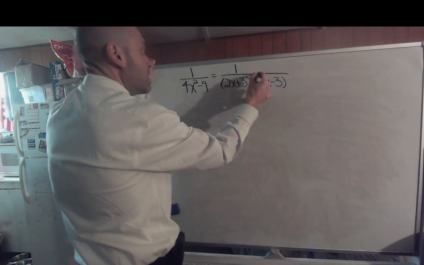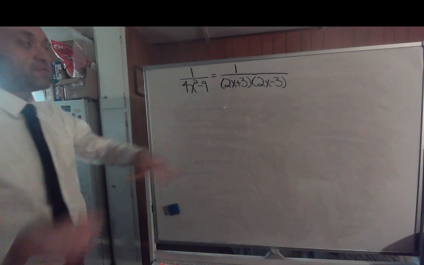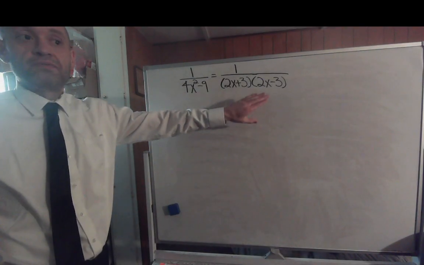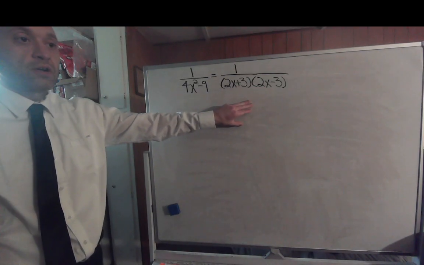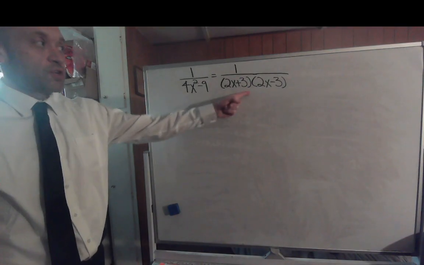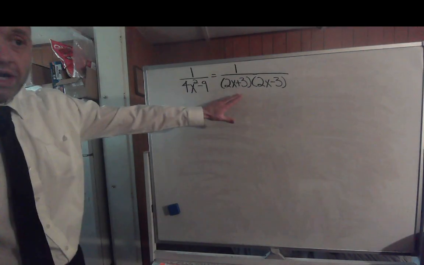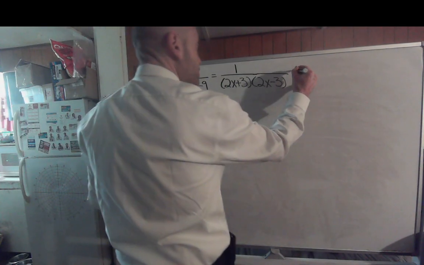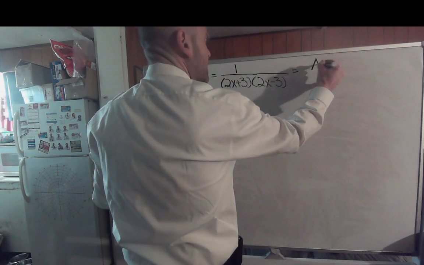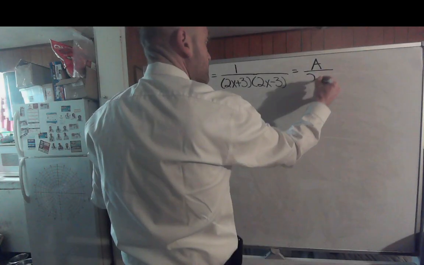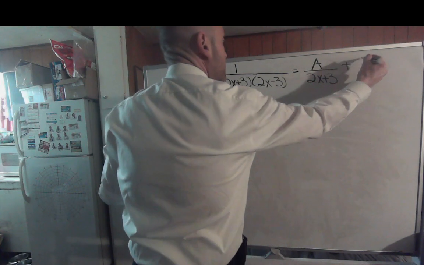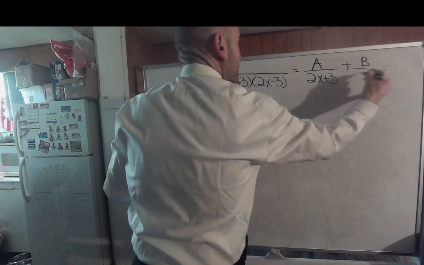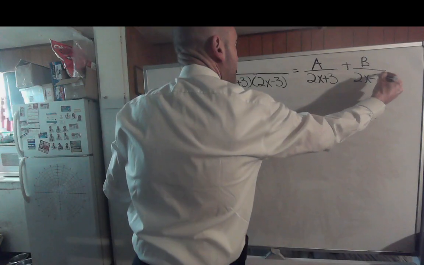As you see, this factored into the product of two non-repeating linear factors in the denominator. Well, that's your common denominator. You can break this up into some constant a over that 2x plus 3 factor plus b over that 2x minus 3 factor.